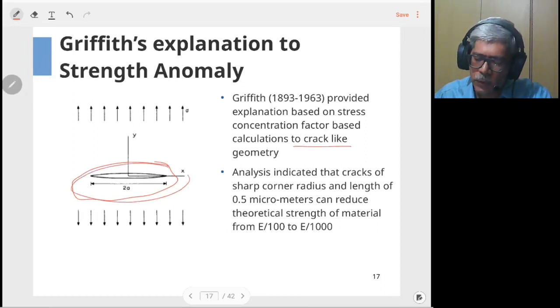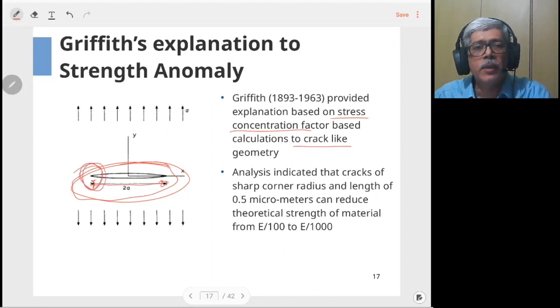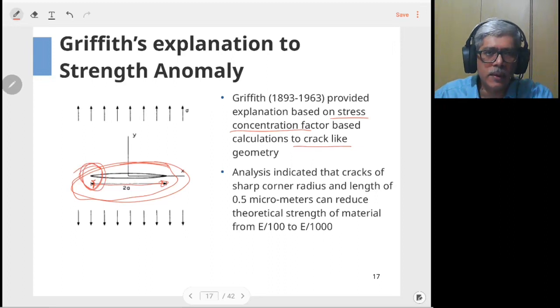For a certain crack length which may be present in the material, of length 2a, he used a stress concentration based approach. Remember, at this time fracture mechanics did not exist as a separate branch, but they were very well aware of stress concentration. So he worked out how much the stress concentration would be at a geometric hole in a material having the dimensions shown here.